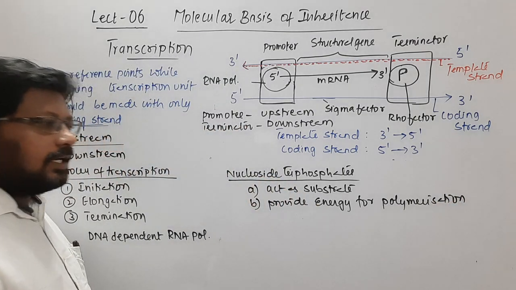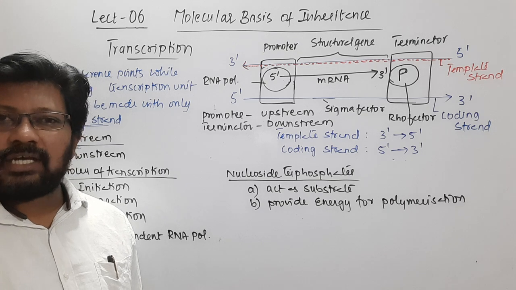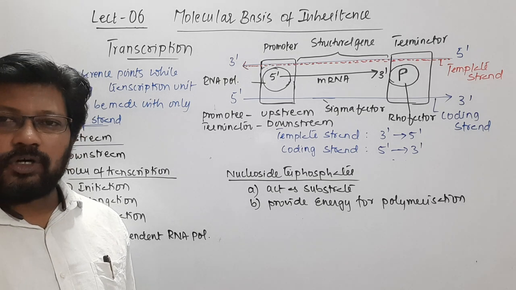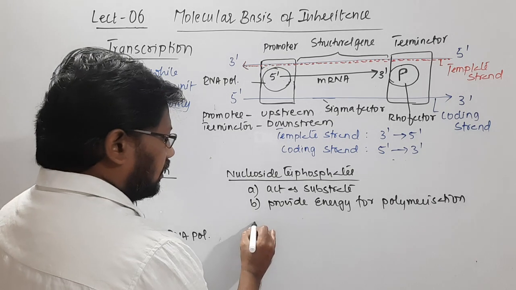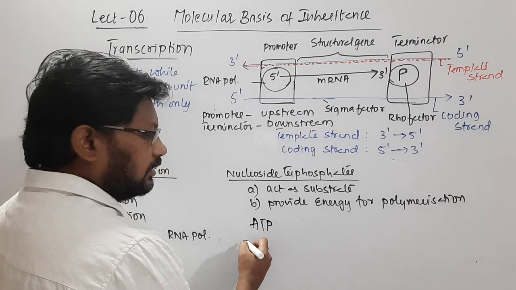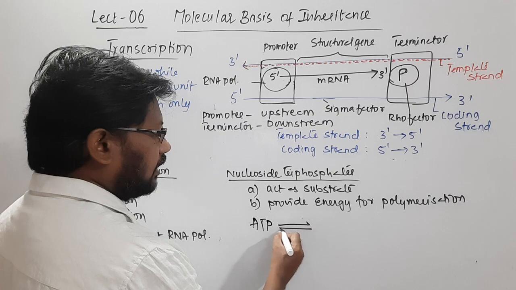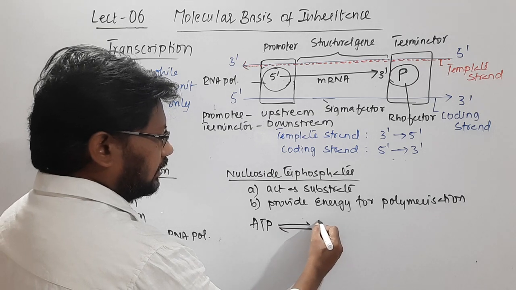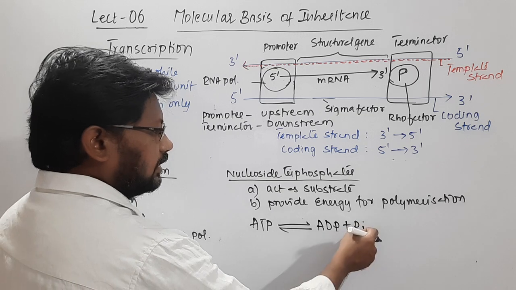The last two bonds present between the phosphates are high energy bonds, and when they break up, for example, adenosine triphosphate will break up to form adenosine diphosphate, and you can see here the energy is released.